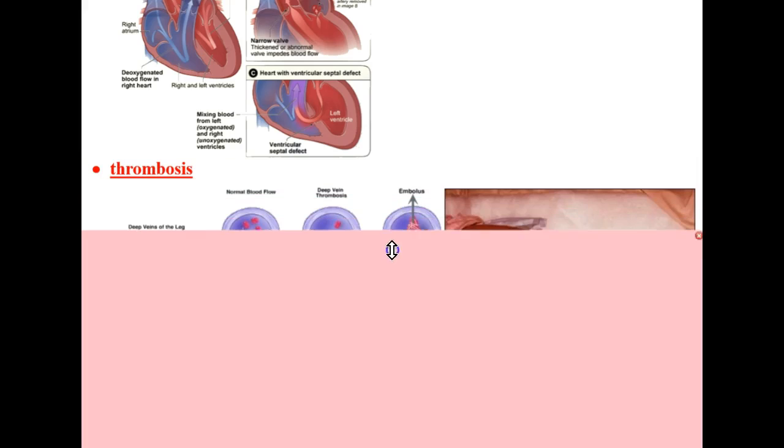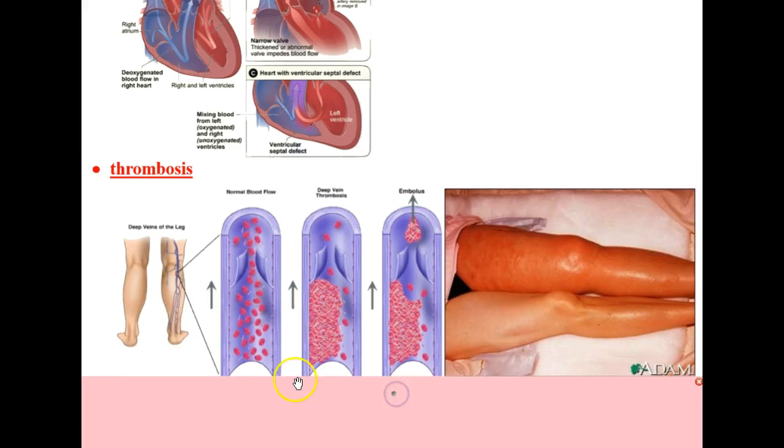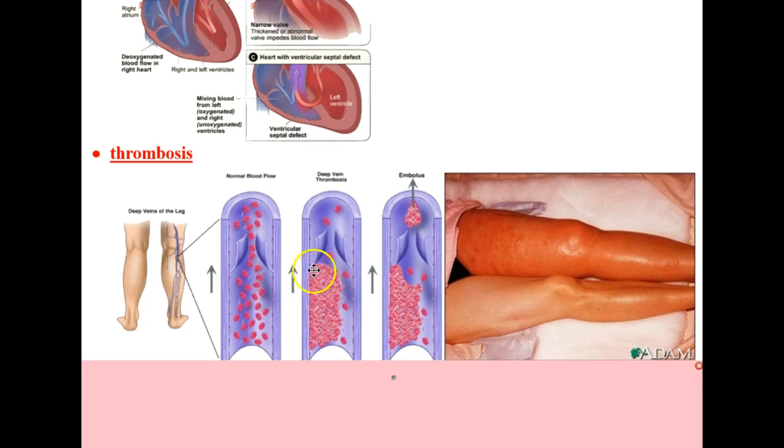Next is a thrombosis. In a thrombosis, you have a buildup of platelets or blood cells, and if that breaks free, that little part that broke off is called an embolus.